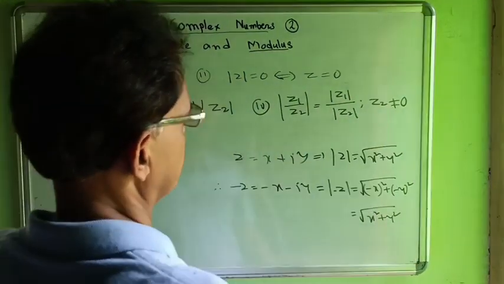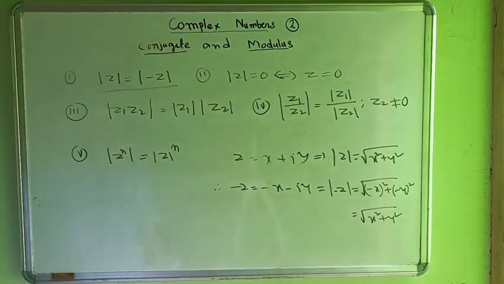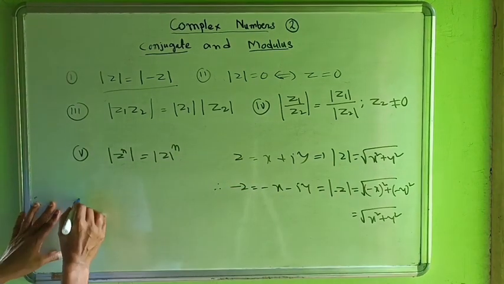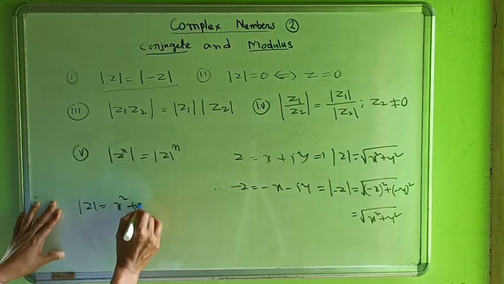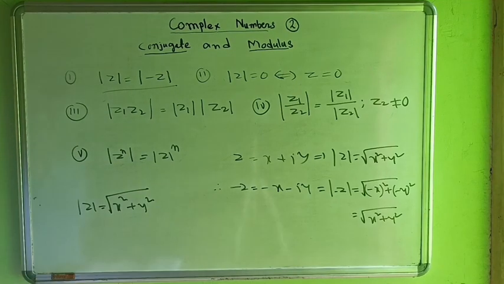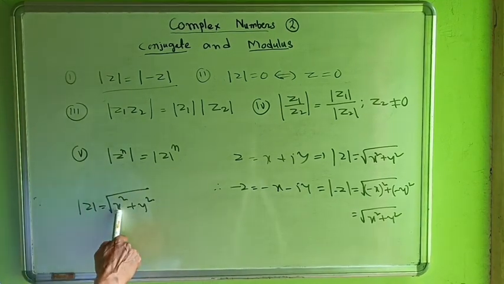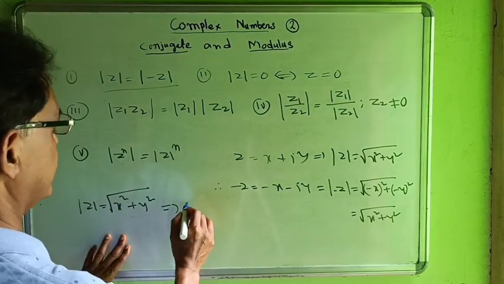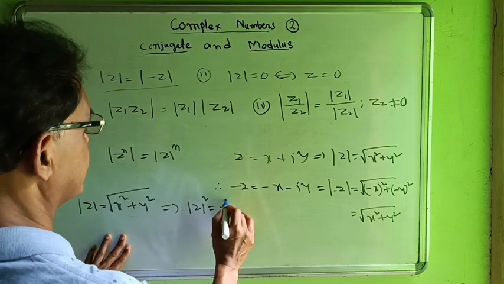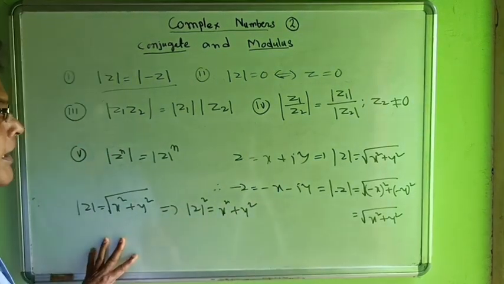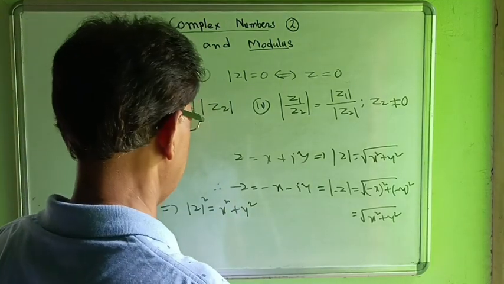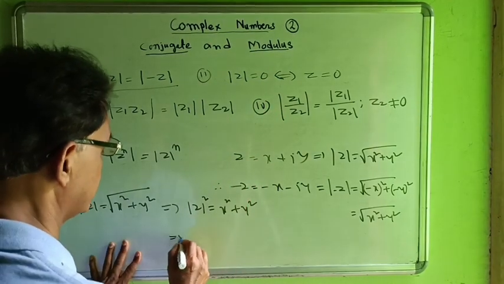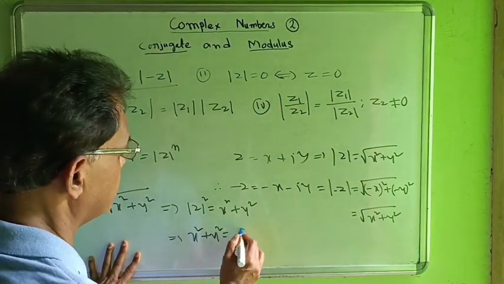Next, mod z equal to 0 implies z equal to 0. Here z is a complex number, and mod z is the square root of x squared plus y squared, which is a positive quantity. If we square this, we get mod z squared equal to x squared plus y squared. If this equals 0, then x squared plus y squared is equal to 0.